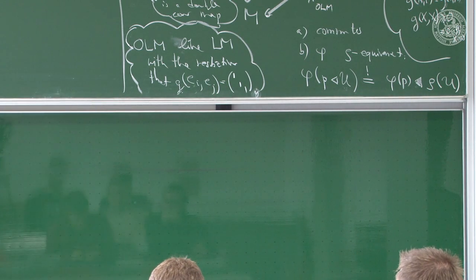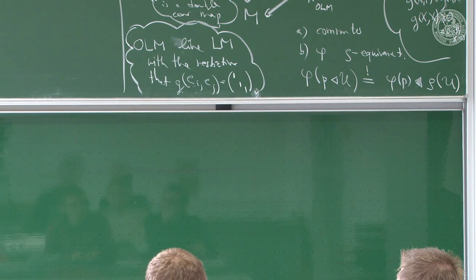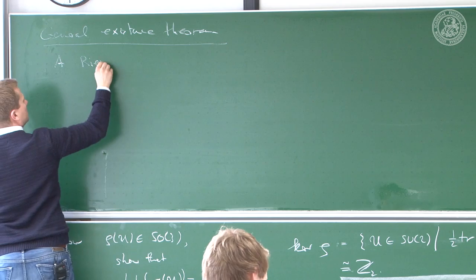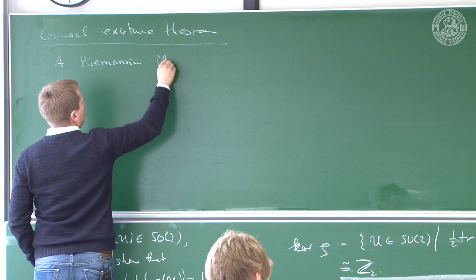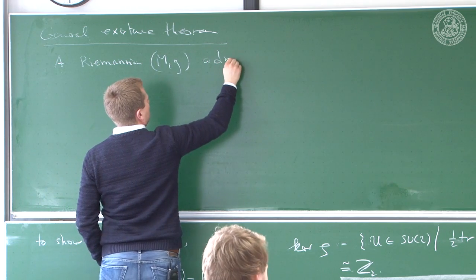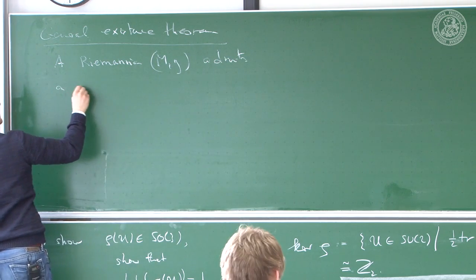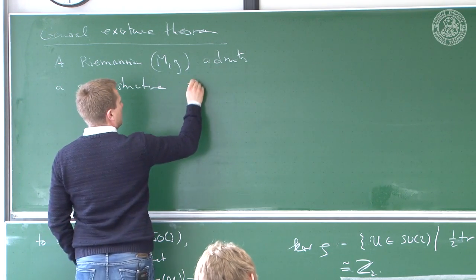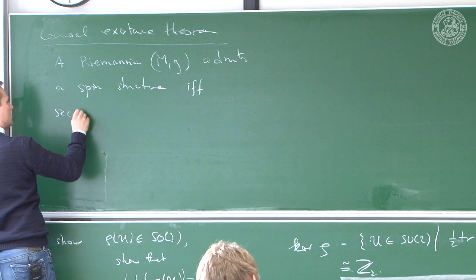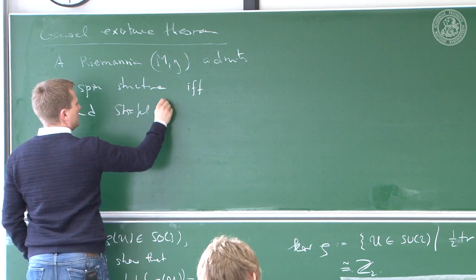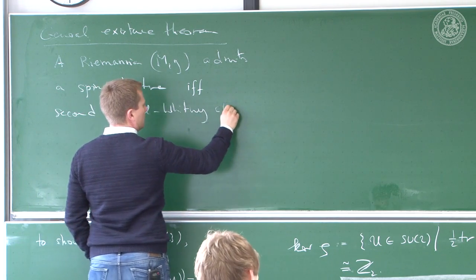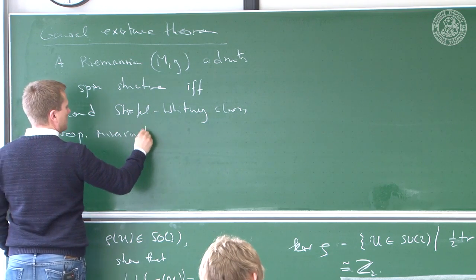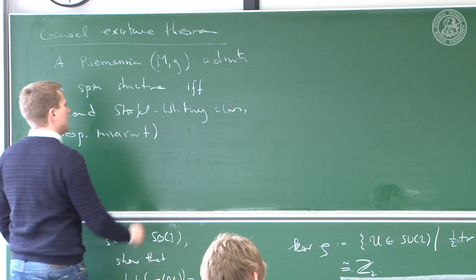Now, for our special case, there is a nice theorem that says a Riemannian manifold admits a spin structure if and only if the second Stiefel-Whitney class, which is a topological invariant, we're not treating here, but you can look that up, vanishes.